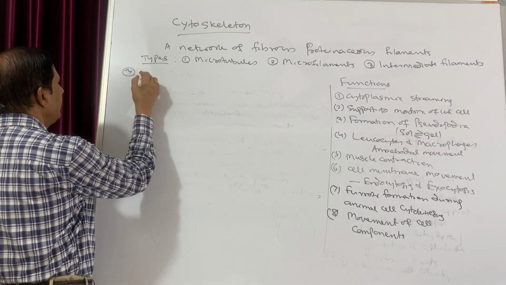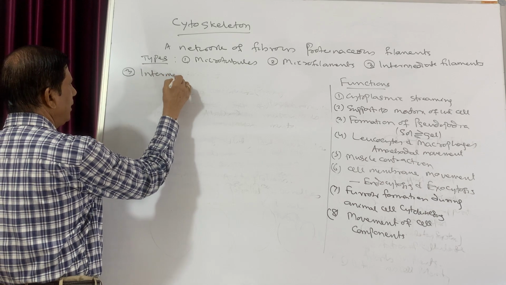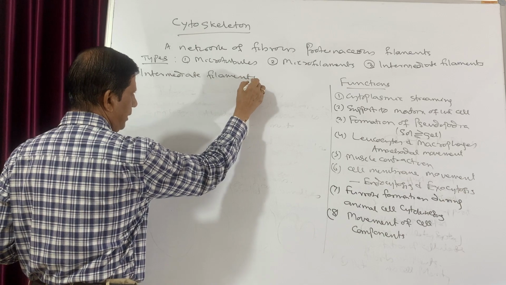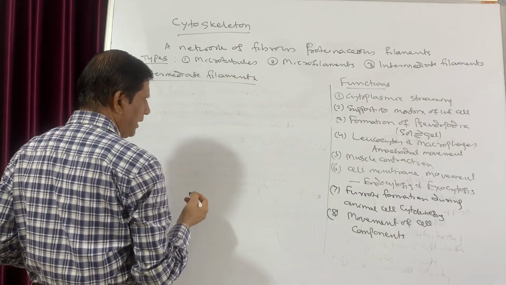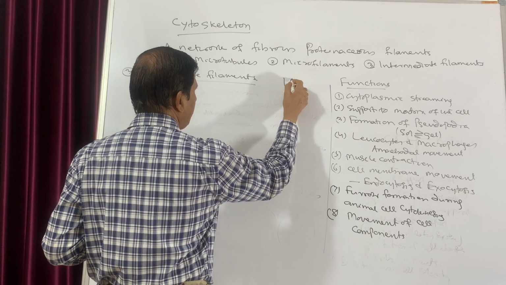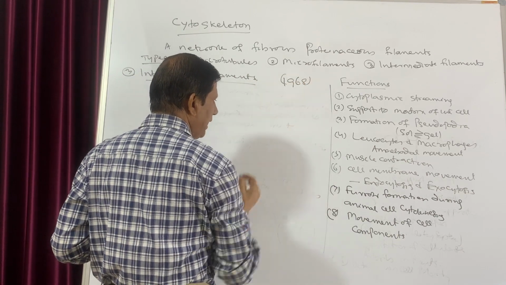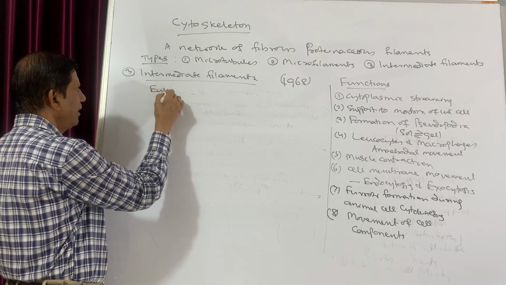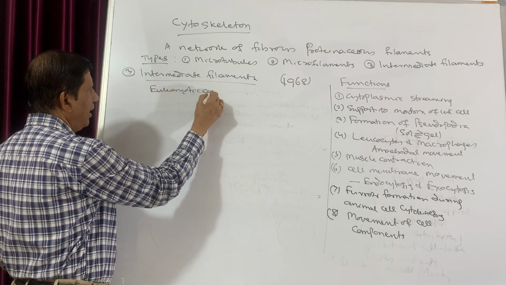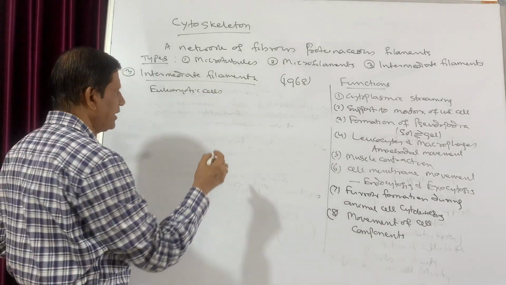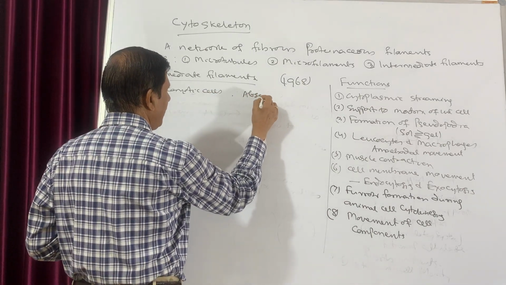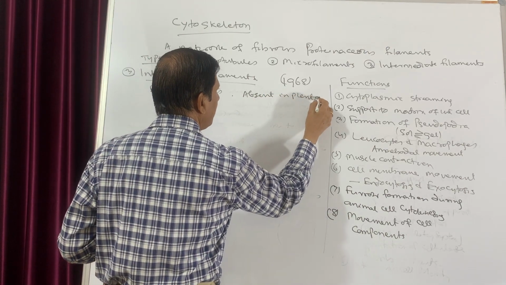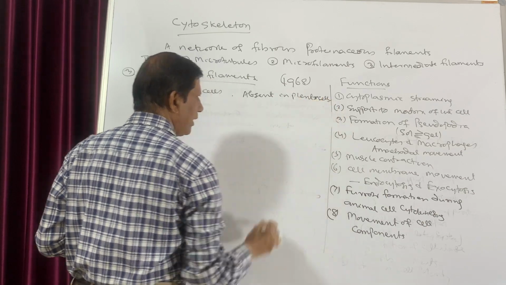The third type is intermediate filaments. They were first reported in 1968, and these are usually present in all eukaryotic cells, but they are mostly absent in plant cells.